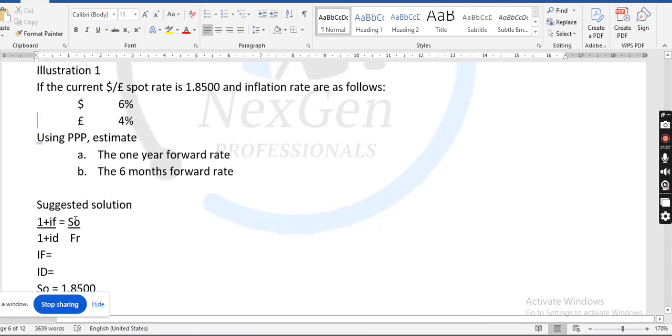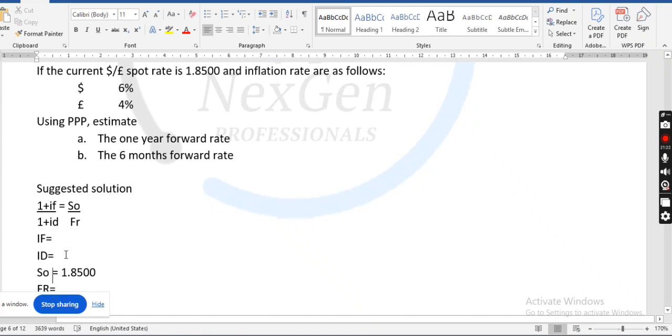So what will be the foreign inflation? Since the inflation rate of each country, dollar 6%, euro 4%, what will be the foreign inflation rate? Class, what will be the foreign inflation rate? 4%. That's euro. Thank you. God bless you, right?